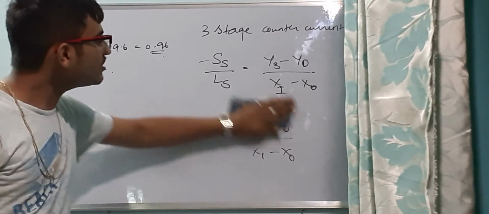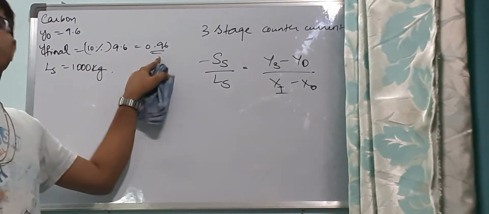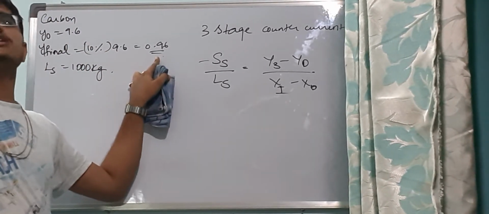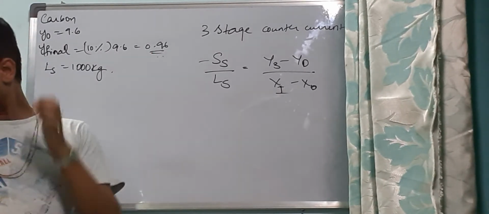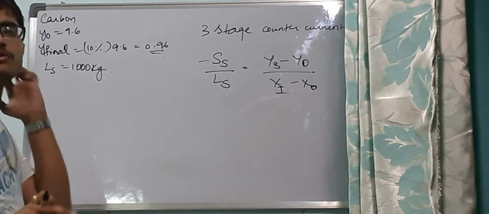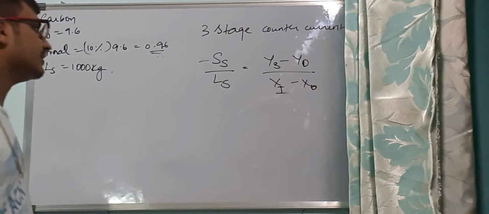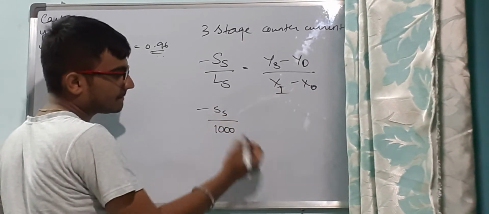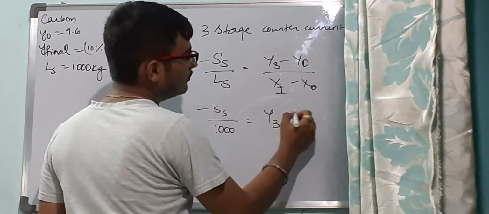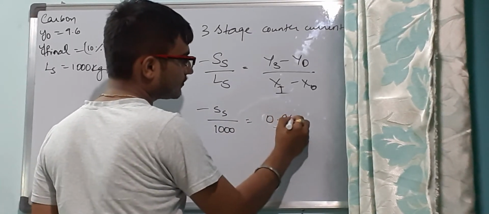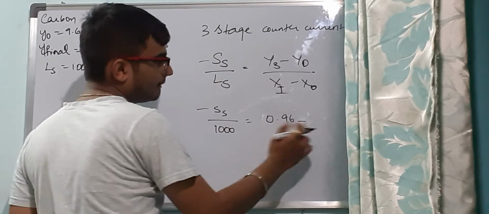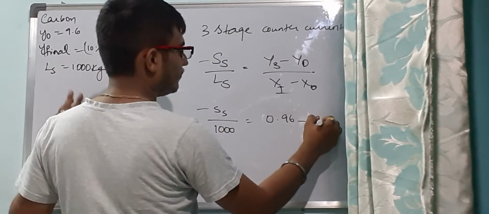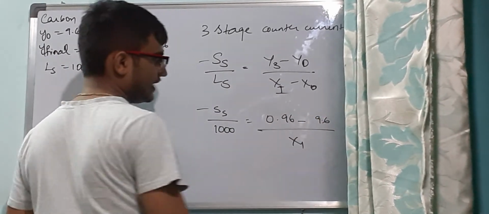And in this case, your y3 value will be 0.96 directly. Final stage only, no? Final is always the final value. I already said this about the counter current process in the first problem. You can check that. So minus Ss by Ls is 1000. y3 is 0.96 minus y0 is 9.6 by x1.